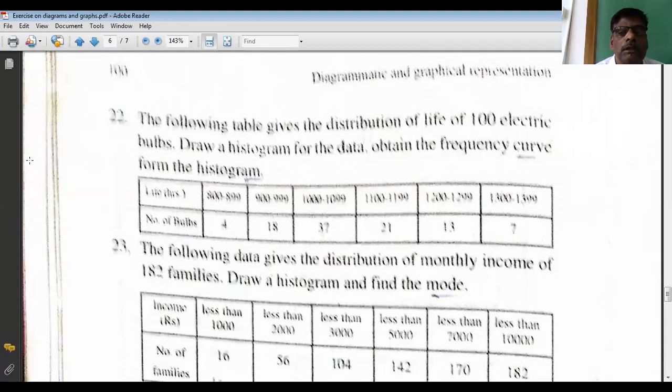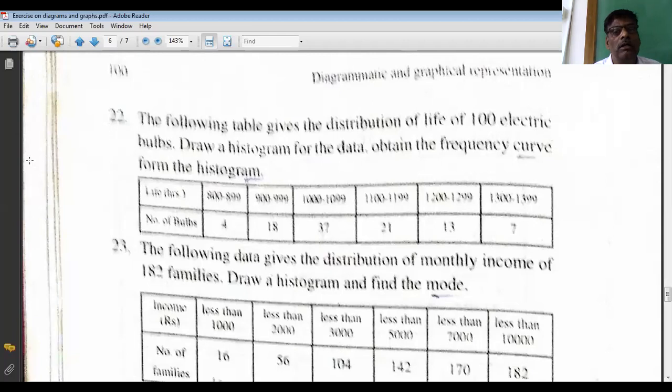Then in the x-axis, you have to start from 900 to 999. Okay, this is the problem based on inclusive classes.